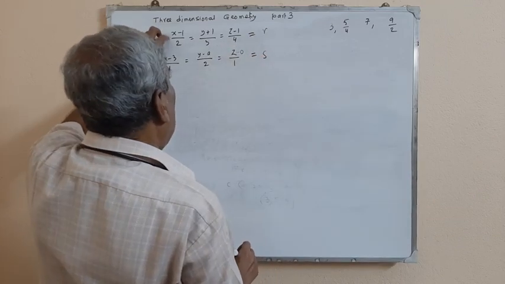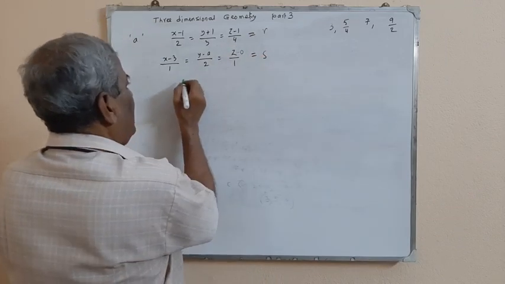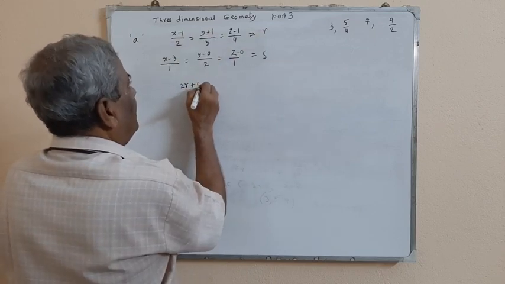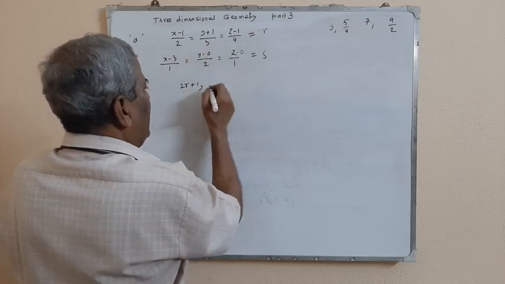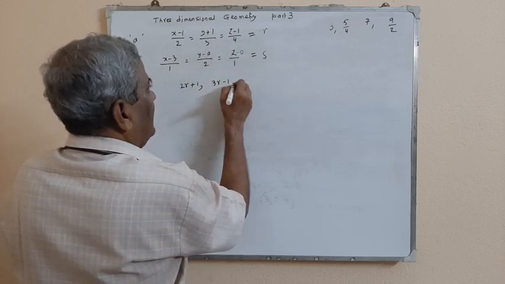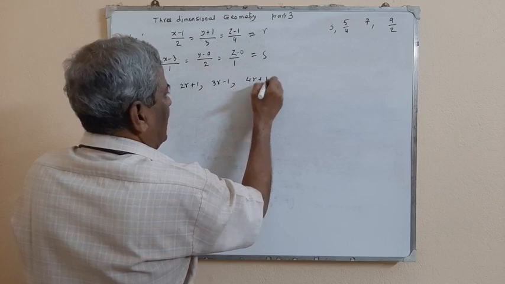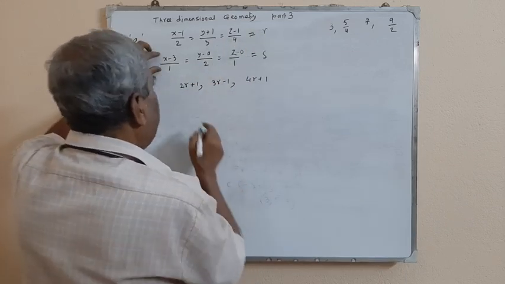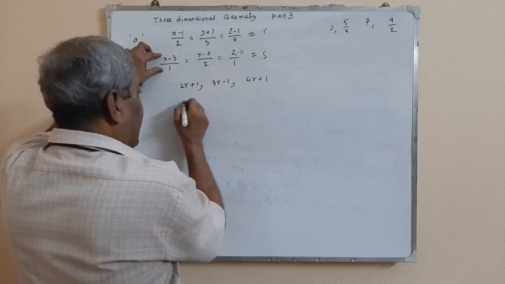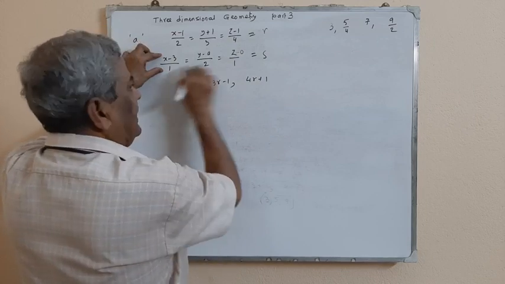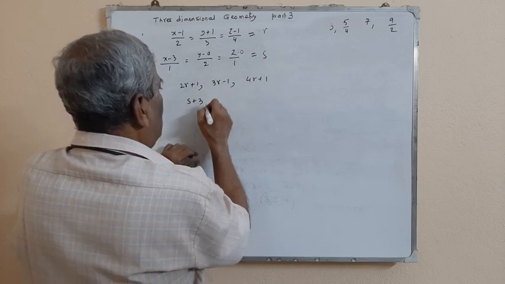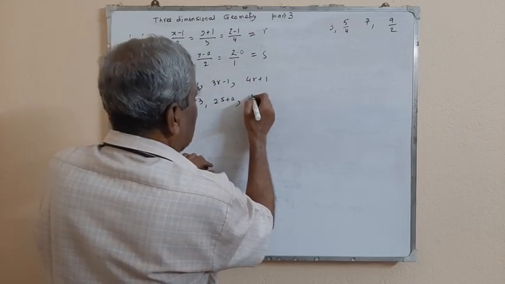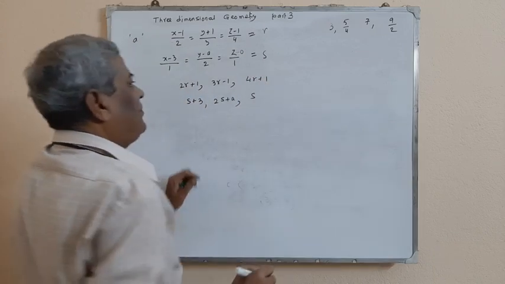So any point on that is (2r plus 1, 3r minus 1, 4r plus 1). This is any point on it. And any point on the other is (s plus 3, 2s plus a, s plus 0, that is only s).